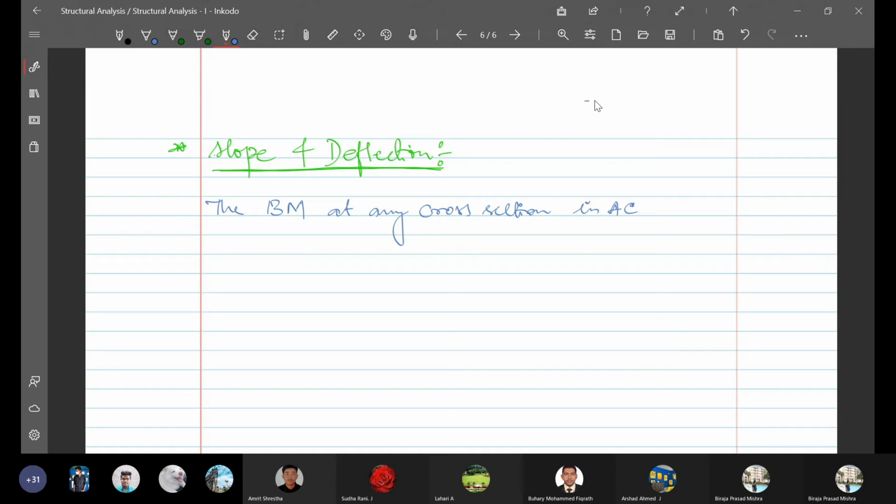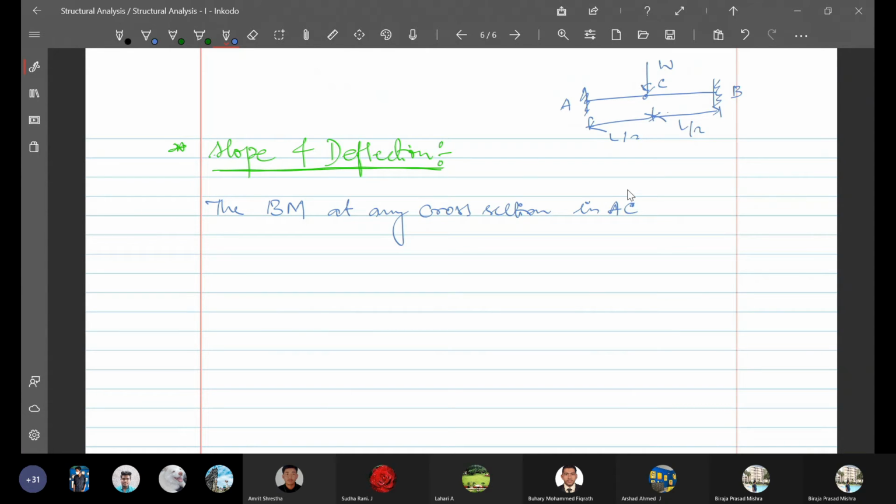Let me draw it once again. This is A, this is C, this is B, and here we have a load W at C, and it is L by 2, this is L by 2.